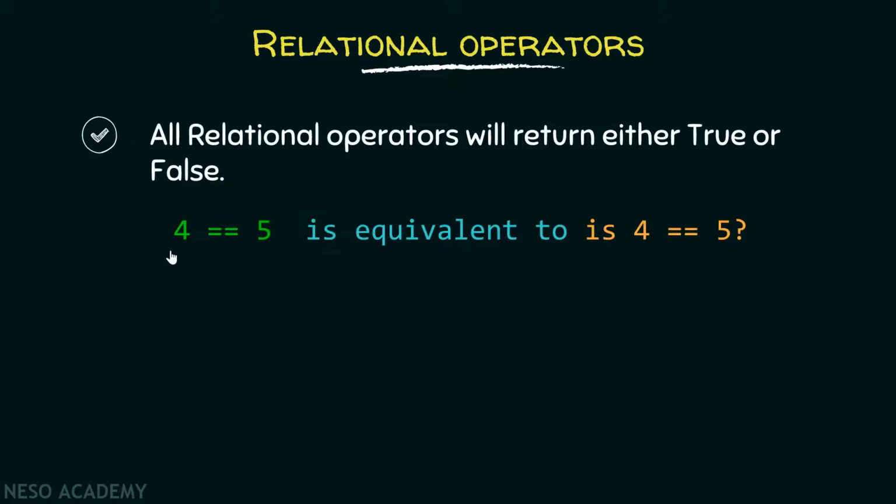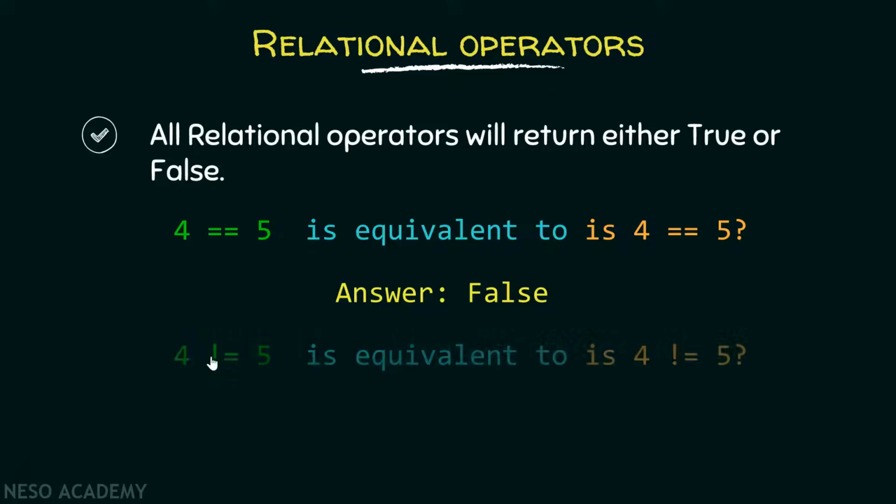For example, if you are writing this expression 4 equal to 5, then this is equivalent of saying is 4 equal to 5 or not. As we know, the result would be either true or false. Here in this case 4 is not equal to 5. Therefore the result would be false. Right?